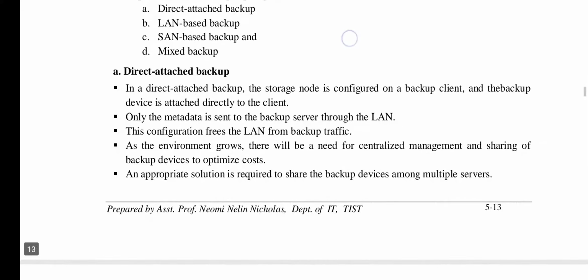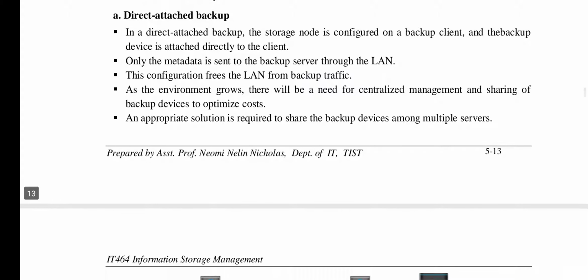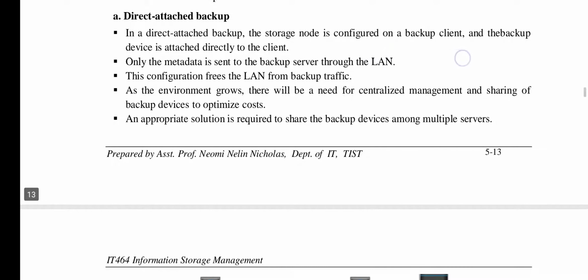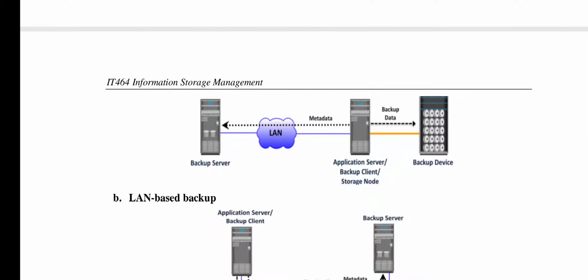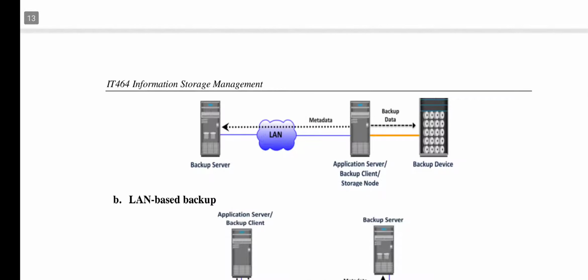Let's discuss the first one, that is direct attached backup. Here the storage node is configured on a backup client and the backup device is attached directly to the client. You can see in the figure, it's a simple figure. You have the backup server, then the application server or backup client and the storage node mounted on the same machine, and you have the backup device.